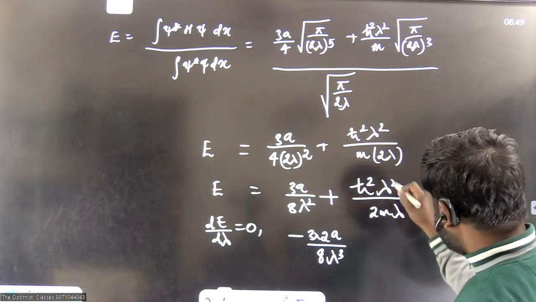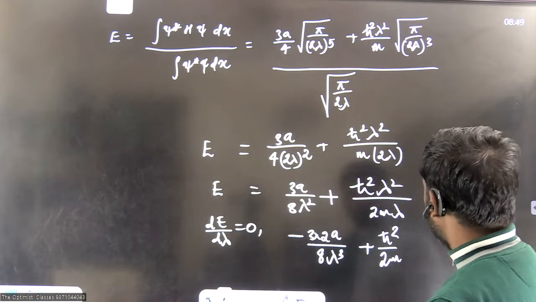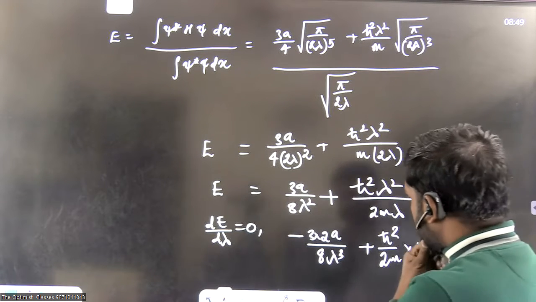And here, since one lambda is cancelling out, we get h bar square upon 2m, into 1, because only lambda is there.